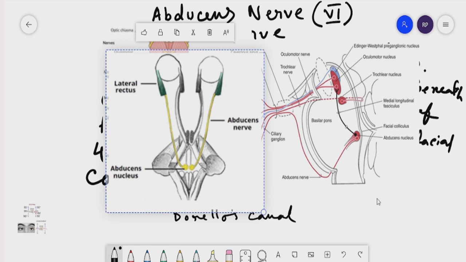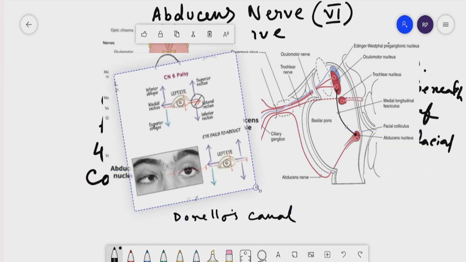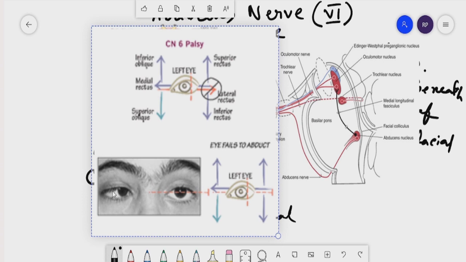So if there is any damage of the abducens nerve, then what happens? In this case, this is the left eye, and when the left eye looks laterally, if the abducens nerve is damaged, then it fails to look laterally, but the right eye looks medially, that is towards nose.